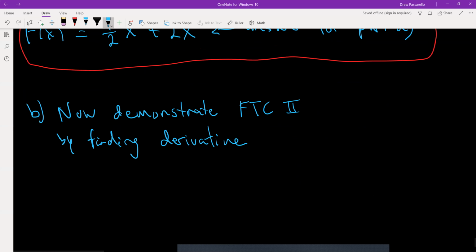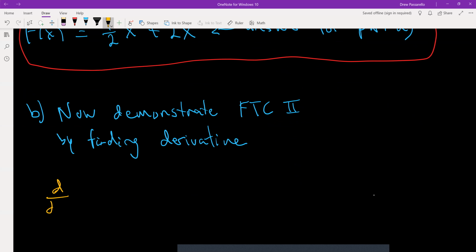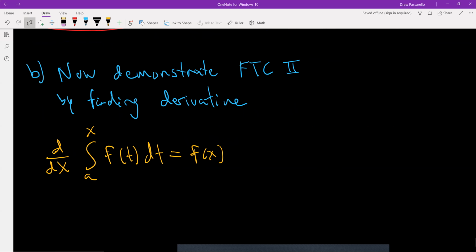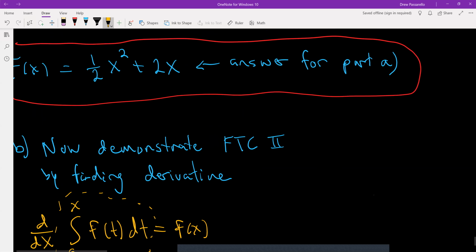And again, for the fundamental theorem, it's d dx of the integral from a to x of f of t dt becomes f of x. Now for us, you can think of this thing as being our capital F of x. So d dx of F of x equals f of x.